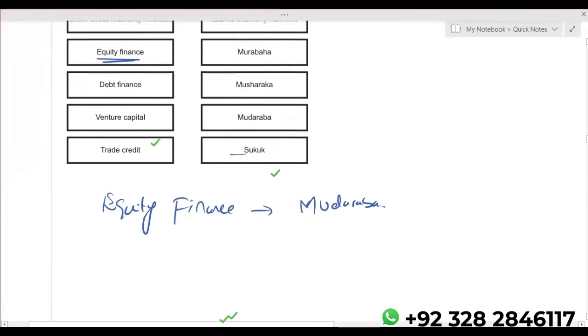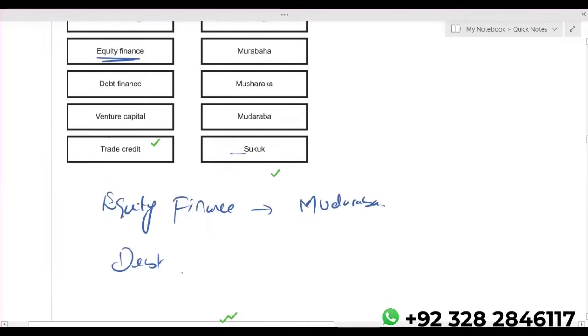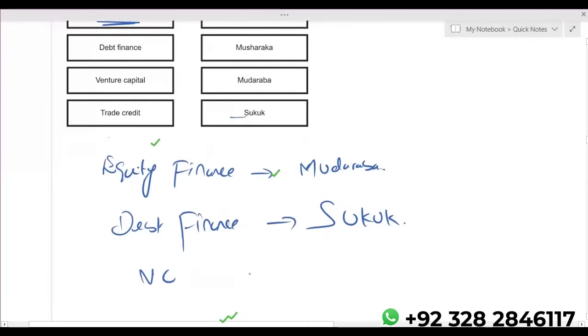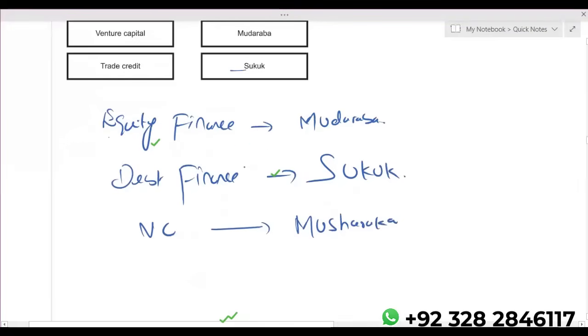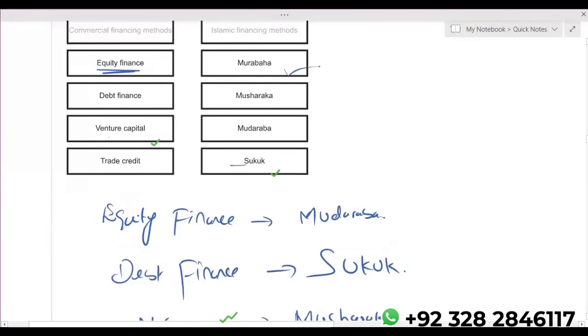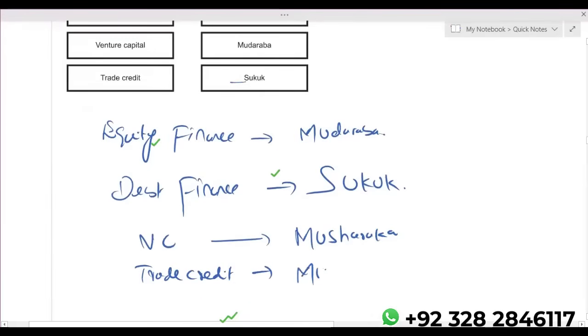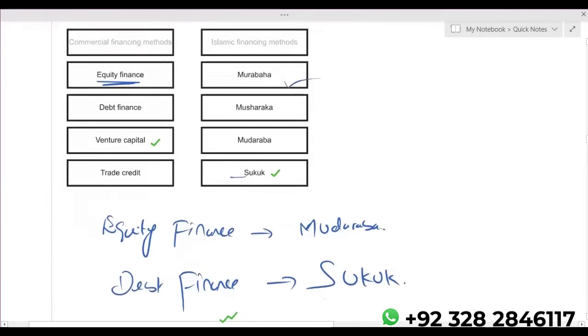Debt finance, sukuk. Sukuk is your Islamic bond. Venture capital, musharaka. Trade credit is murabaha.